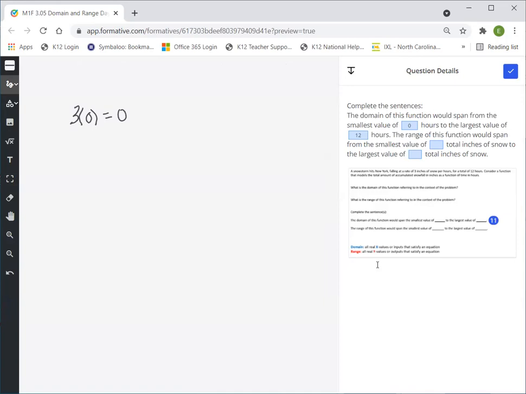Which makes sense, because if it doesn't snow for any hours, you're not going to have any snow. Then we have a rate of 3 times, what if it snowed for all 12 hours? That would accumulate 36 inches of snow. So New York is going to get anywhere between 0 and 36 inches.